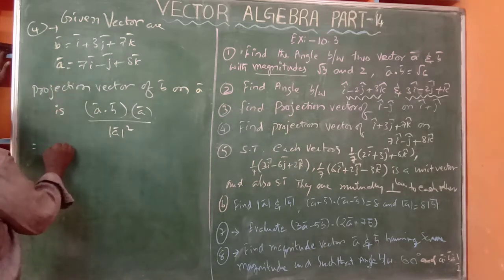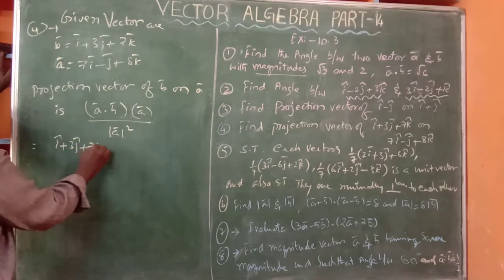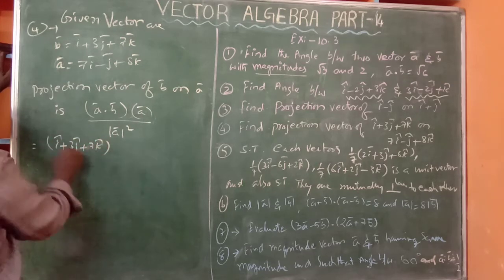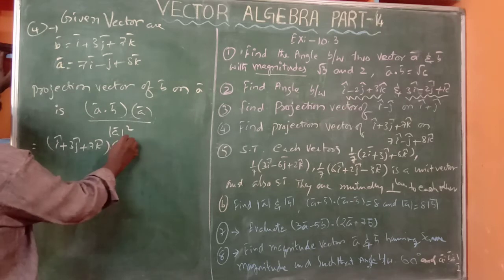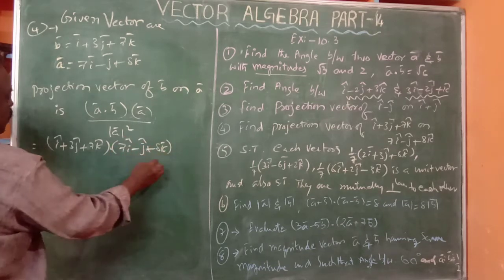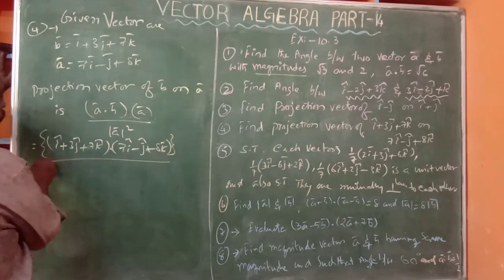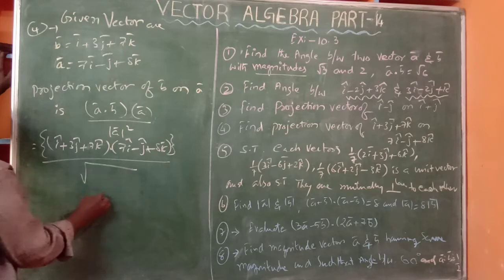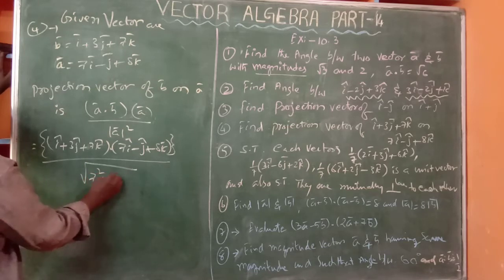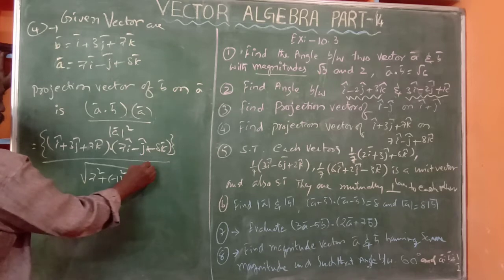A bar is i plus 3j plus 7k dot 7i minus j plus 8k. You put it in one bracket, by modulus of A bar square, where modulus of A bar means the positive square root of the sum of squares of components, 7 square plus 1 square plus 8 square.